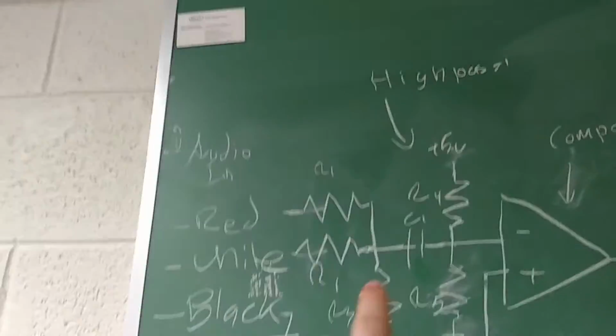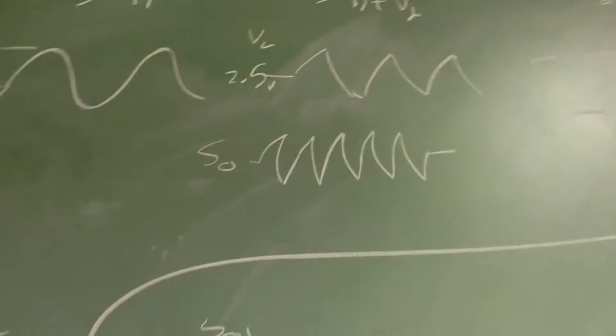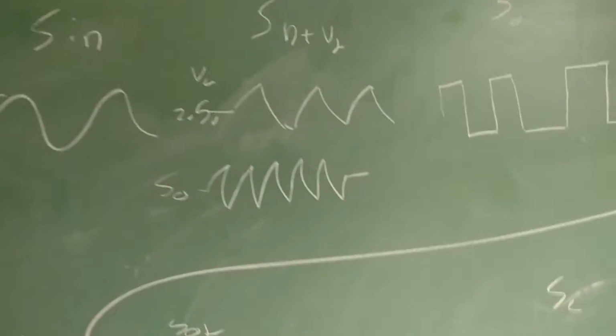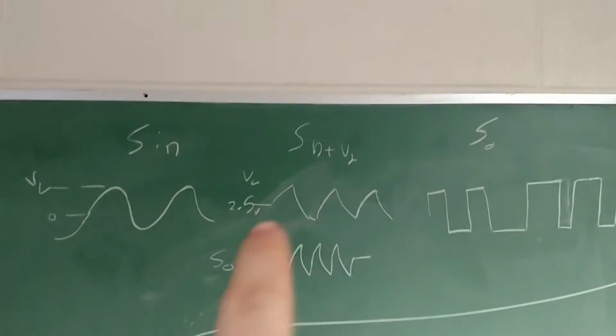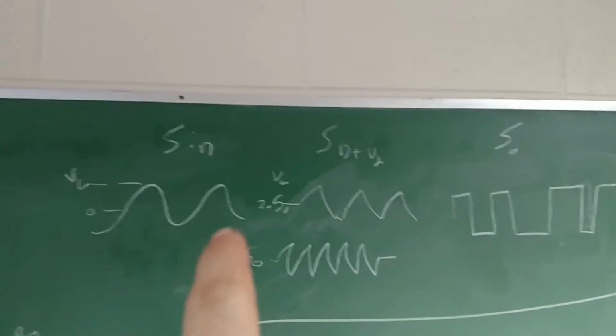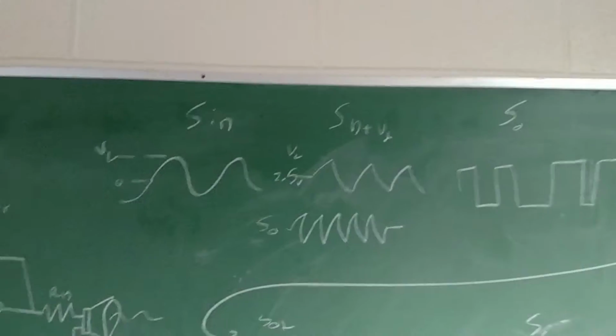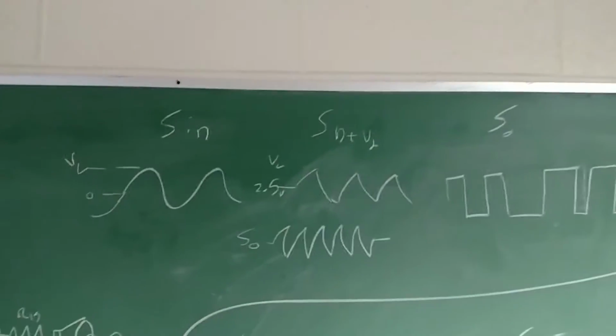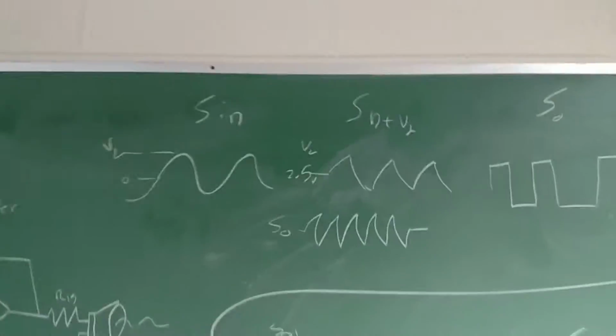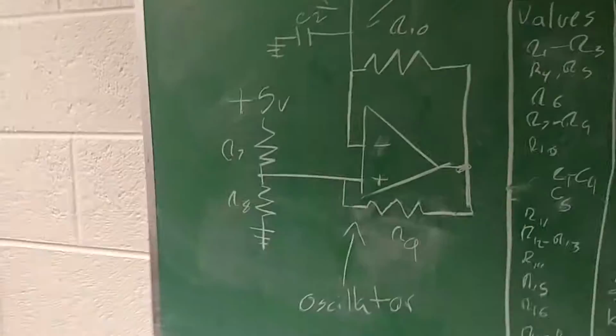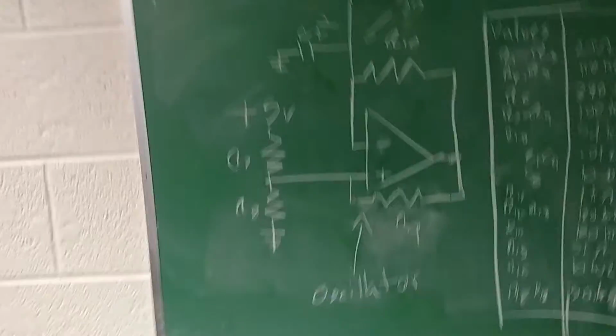Then when it passes through this high pass filter, it becomes kind of choppy. As you can see by the top one, it will peak it and thin it out, I guess, to make it more pointed. And the signal that you see below that is the output from the oscillator.